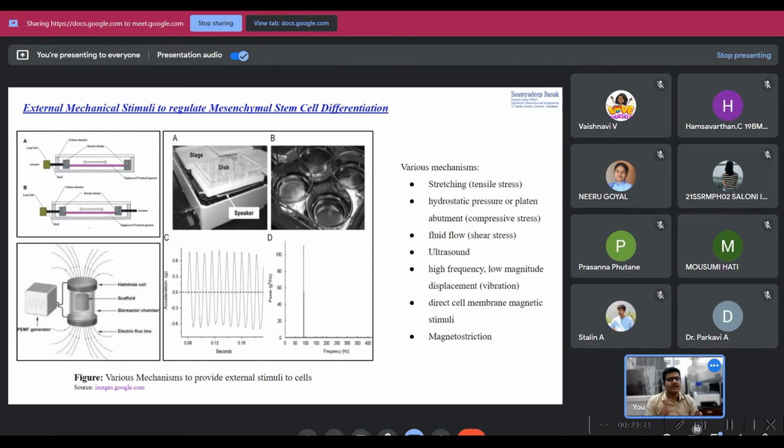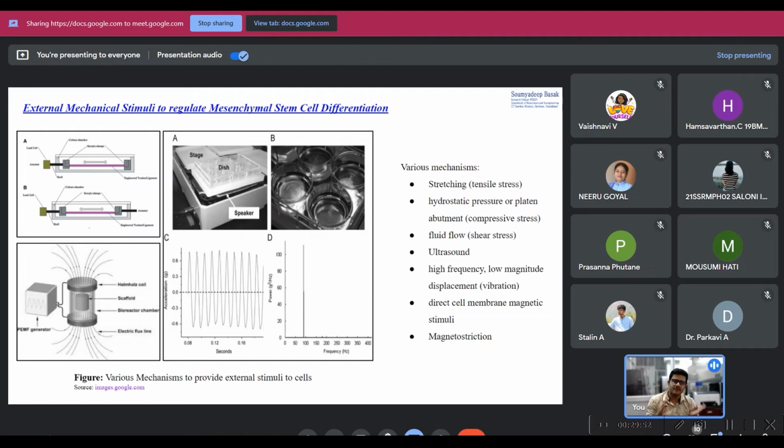Right. Another mechanism we have talked about is magnetostriction. What is that? We have studied about the ferrogels, right? So what ferrogels do upon magnetic stimulation, in the vicinity of a magnet, is constrict. When the magnet is not there, it releases. So this constriction and then release gives the cells that are entrapped in it their mechanical stimuli.